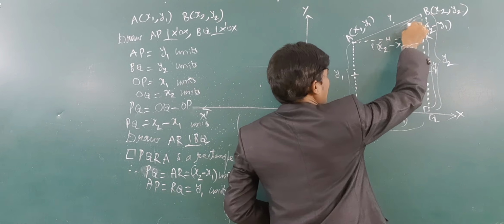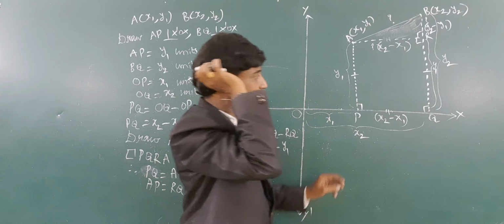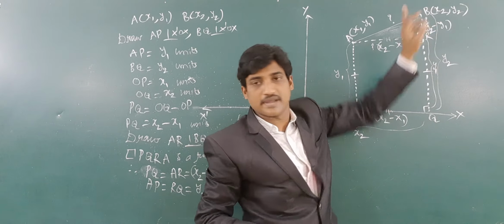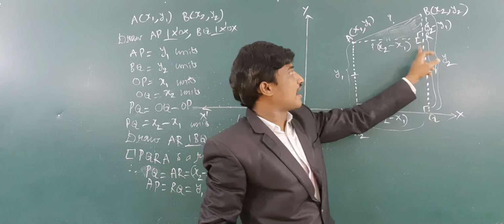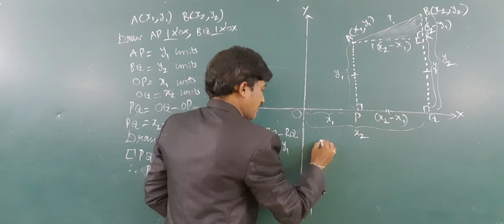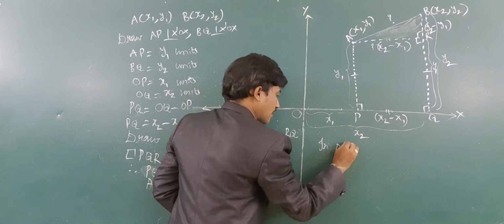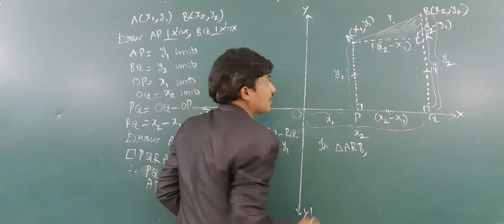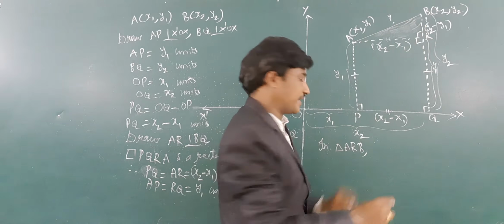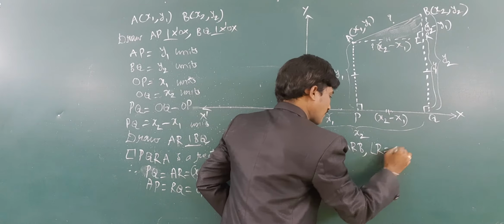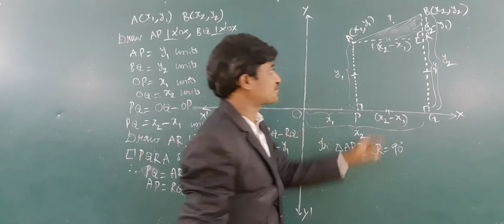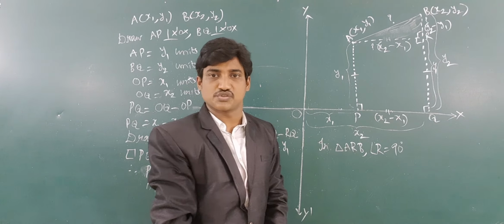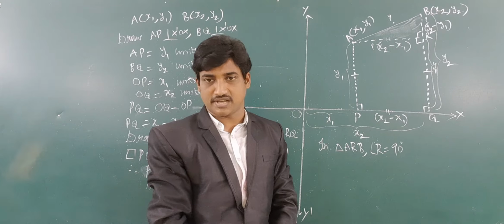The triangle is ARB. In triangle ARB, angle R is 90 degrees. So this is a right angle triangle, so we can apply the Pythagoras theorem.